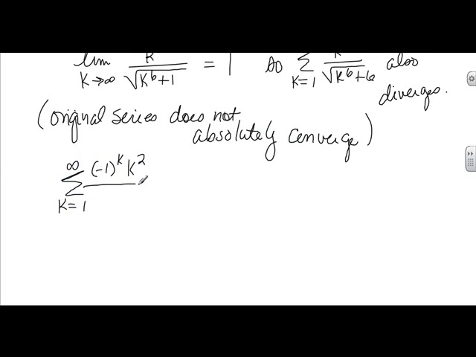I'm going to think about the limit as k approaches infinity of k squared over the square root k to the sixth plus 1. That limit is actually going to 0. So the next thing I need to think about is the function x squared over square root x to the sixth plus 1, if you think about that.